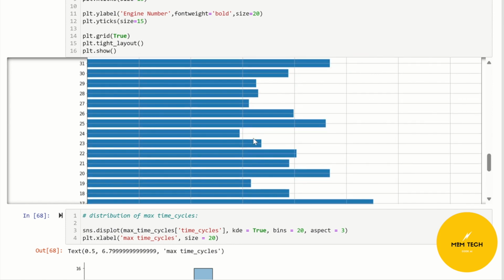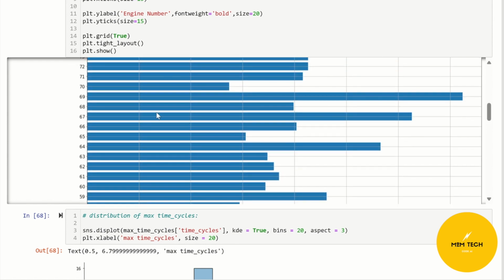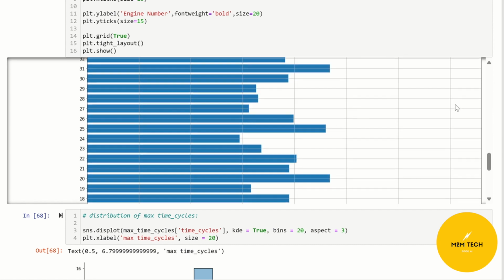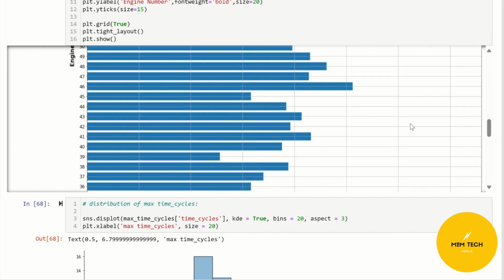And engine number 69 here has run for a maximum of 360 time cycles before it failed.